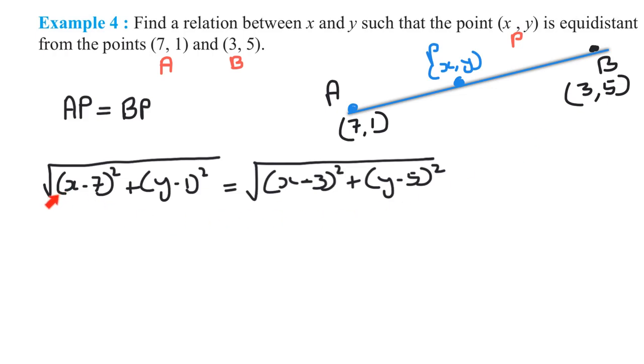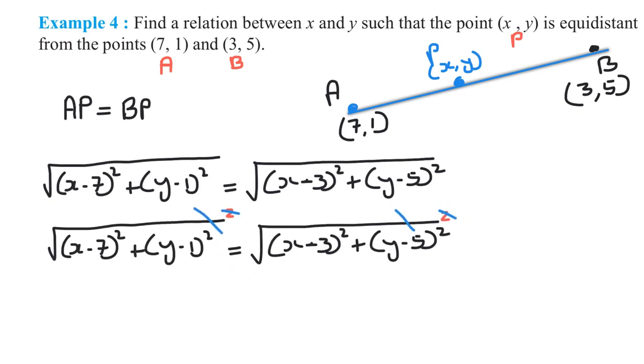Now we can simplify it, removing the square roots by squaring both sides. The square root gets cancelled with the square, and we are left with x minus 7 the whole squared plus y minus 1 the whole squared equal to x minus 3 the whole squared plus y minus 5 the whole squared.